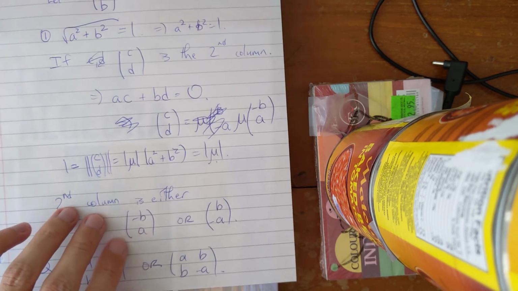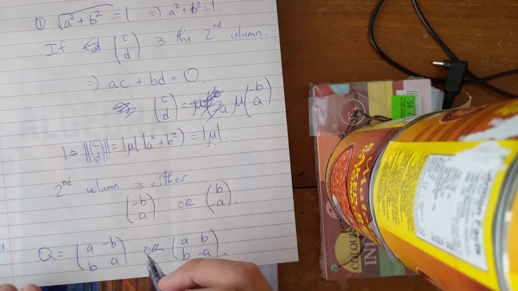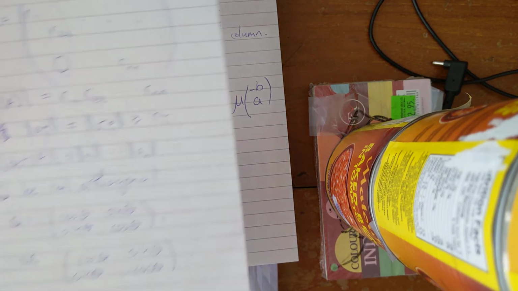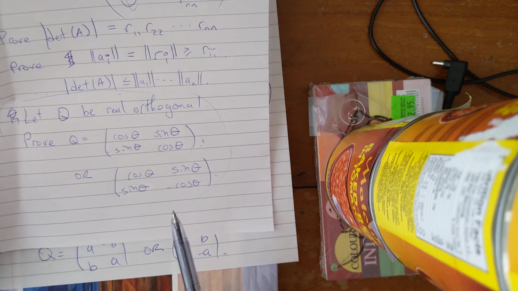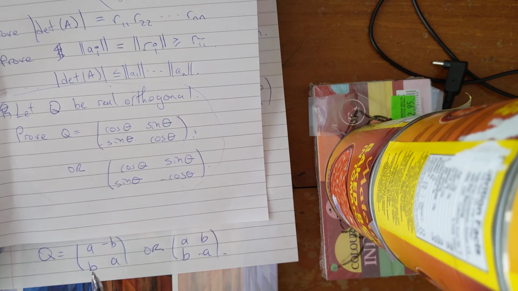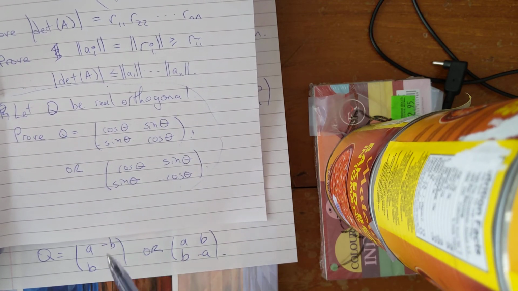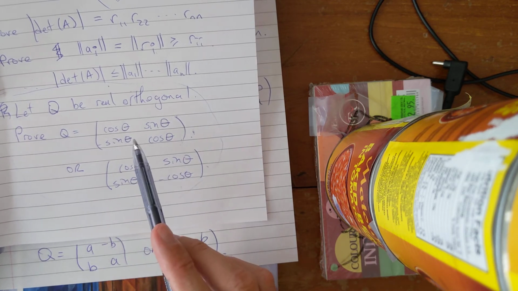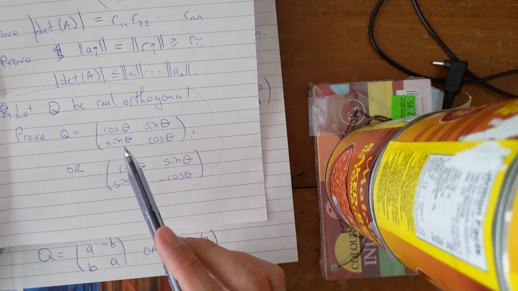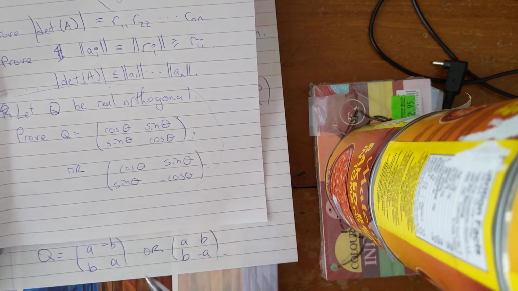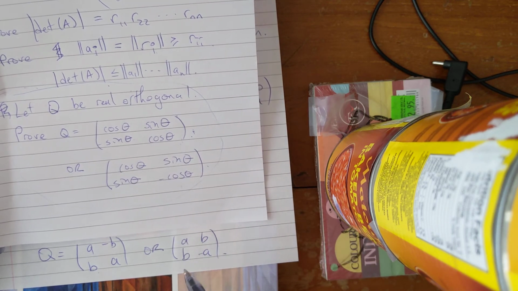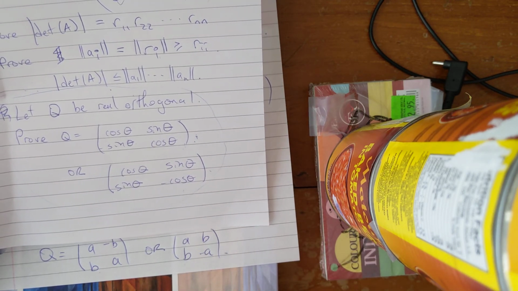So now the trick is, if we try and match it up with what we're trying to show, we're almost there. In this case, we just need to show that if a squared plus b squared equals 1, then we can write a equals cosine theta and b equals negative sine theta, or we can write a equals cosine theta, b equals sine theta.